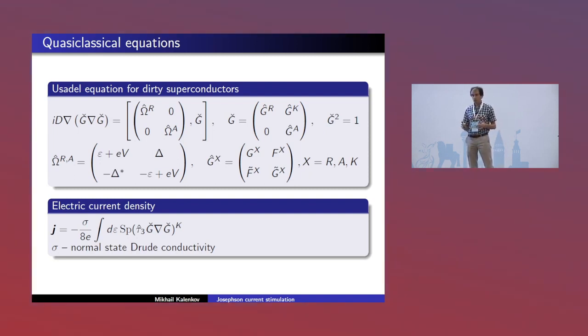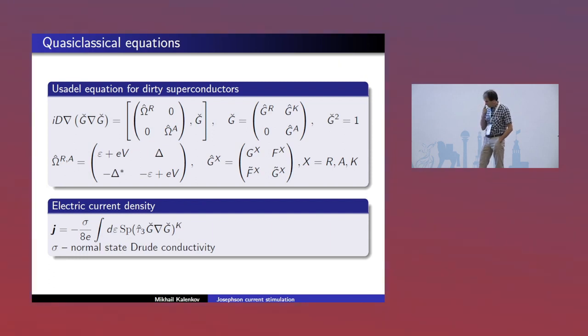I used the approach of the Usadel equation here, which I believe is the relevant theory for dirty systems. The central object here is the quasi-classical Green function. If we somehow solve the Usadel equation and find this Green function, then we can calculate the current density everywhere in the system.